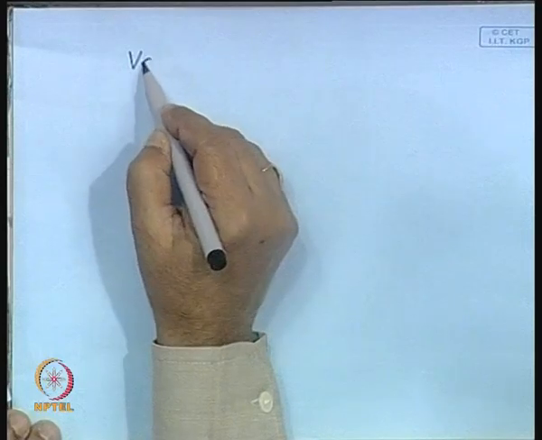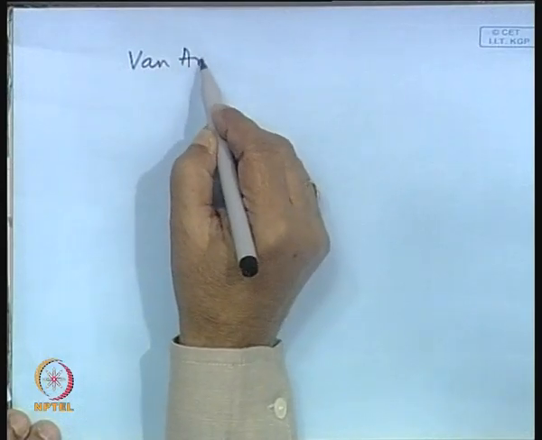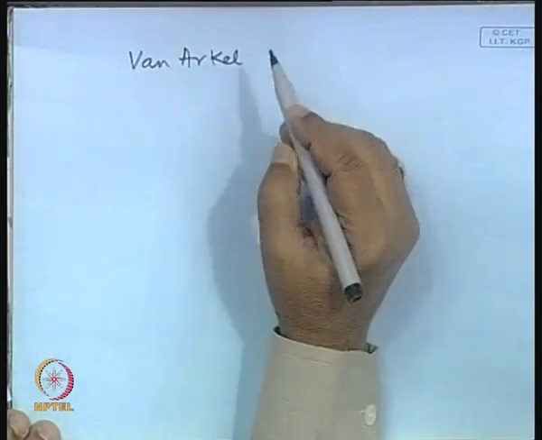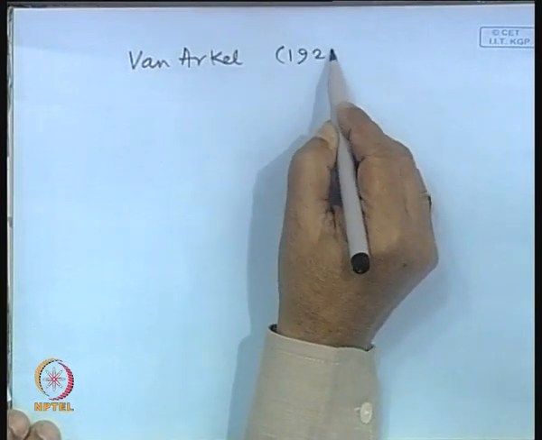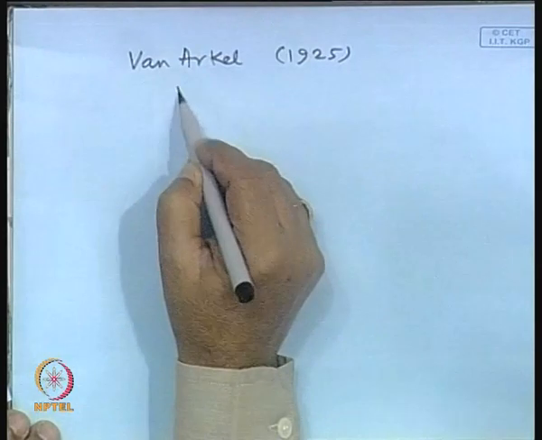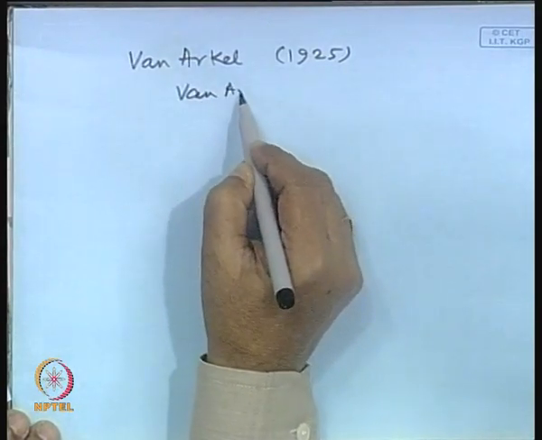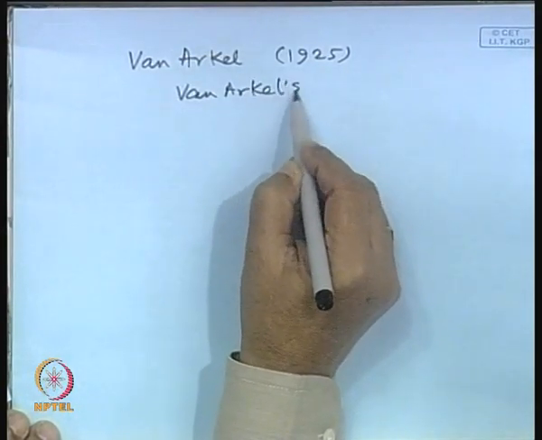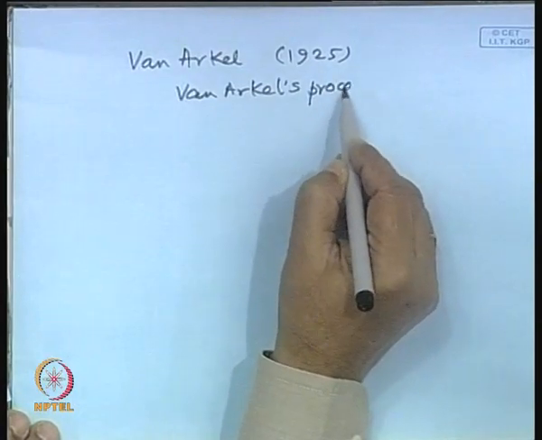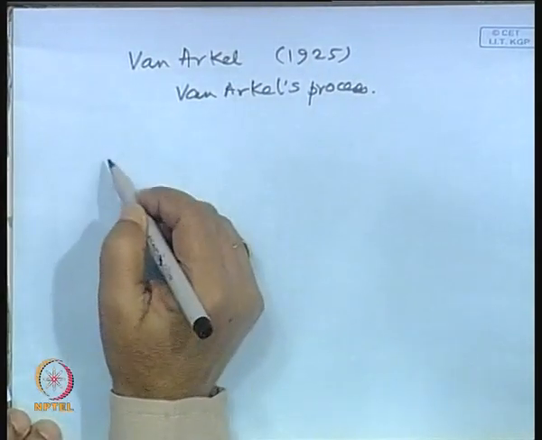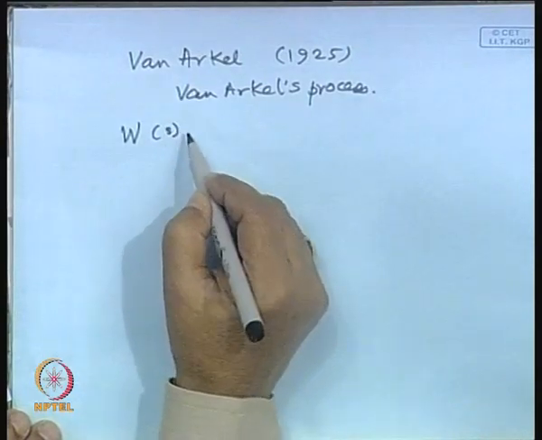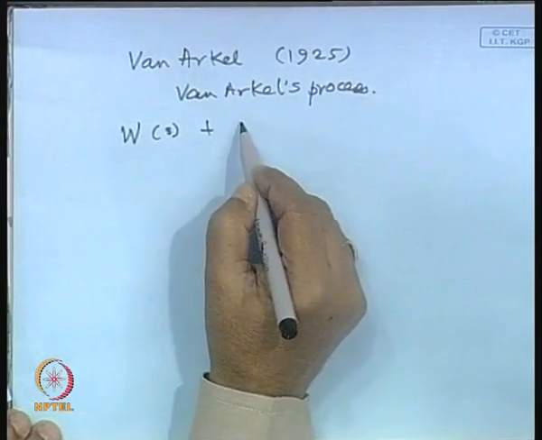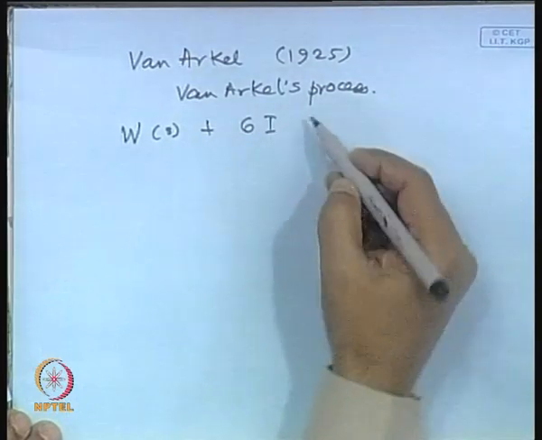Now, a gentleman called Van Arkel achieved some similar things in around 1925, and it is called Van Arkel's process, a very famous process, where impure tungsten solid is reacted with iodine gas.